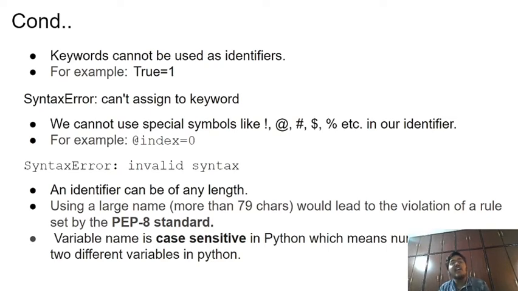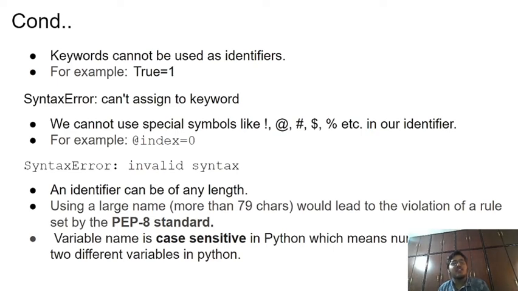An identifier can be of any length, but using more than 79 characters would violate the rules set by the PEP 8 guidelines, which is the standard for Python. Writing more than 79 characters is not good programming practice, but Python allows you to write any length.